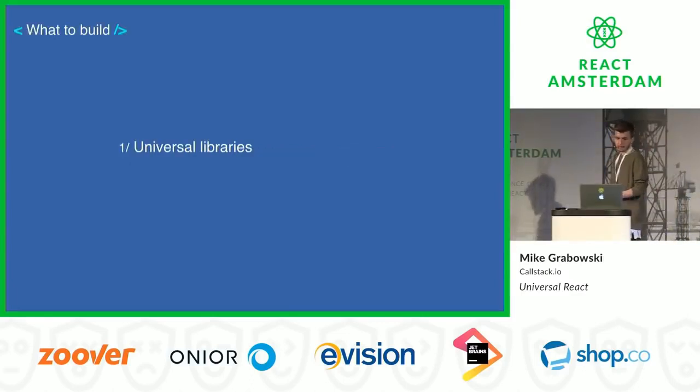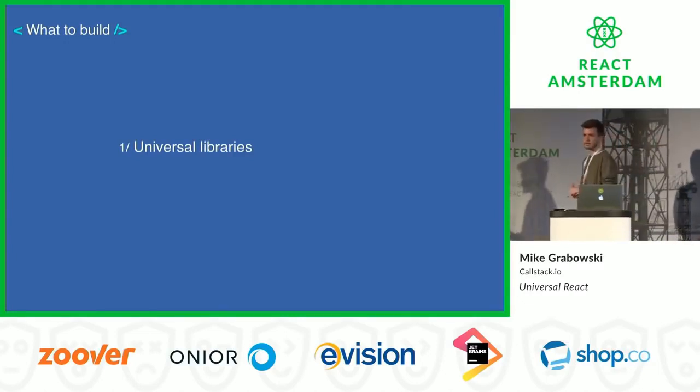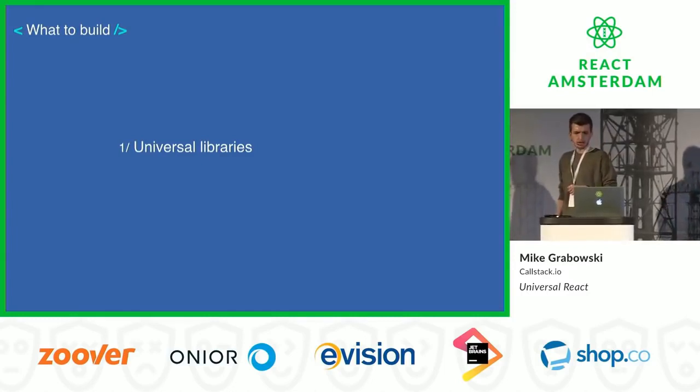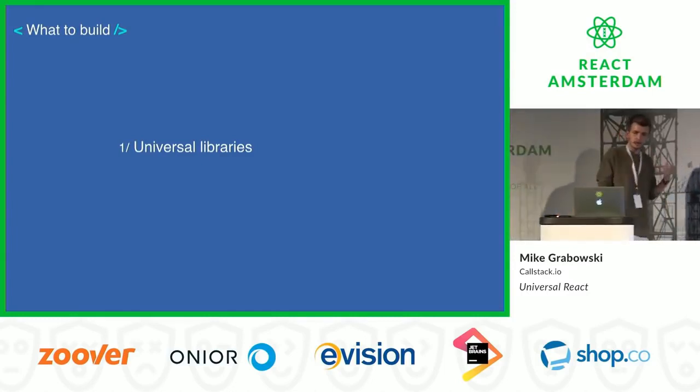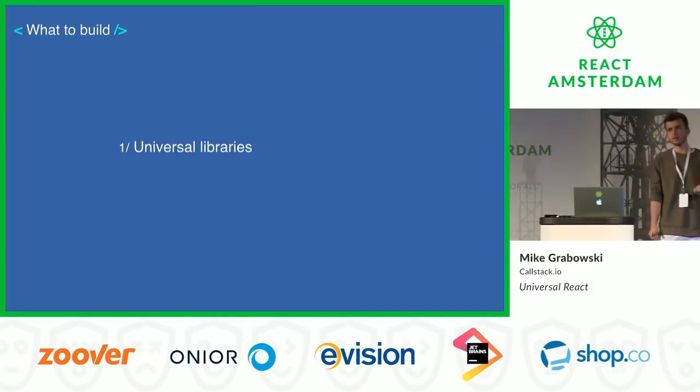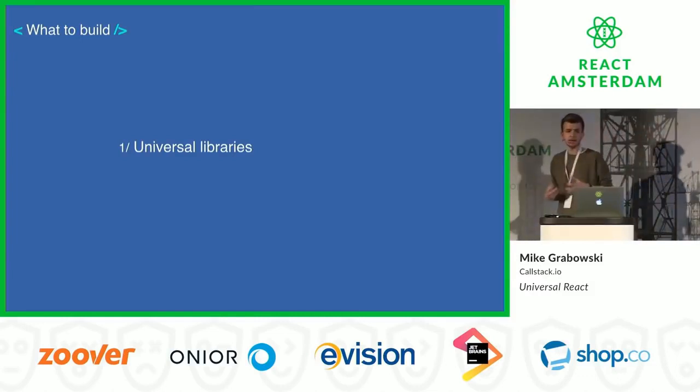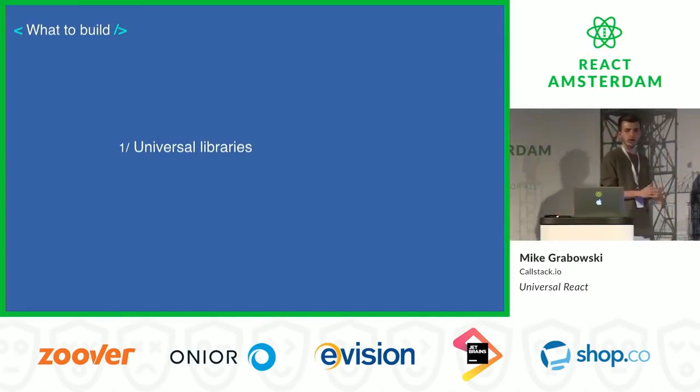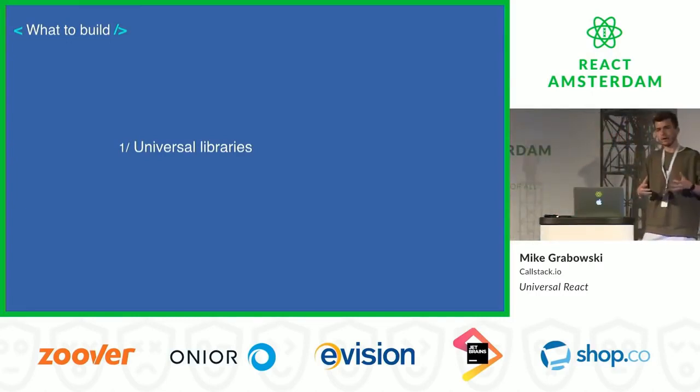And so instead of building universal applications, what we should really build are universal libraries and universal UI components. So what does it really mean to build universal libraries? It stands for designing our systems in a way that makes our API and logic run on every platform, regardless of the environment.